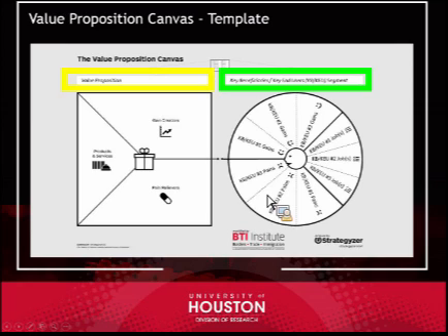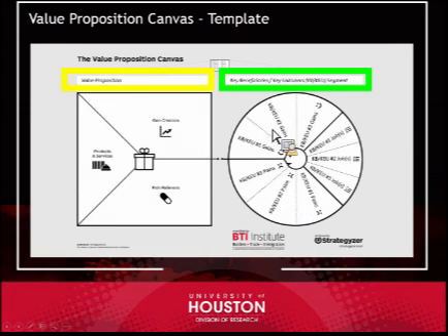And so this is an area that you don't necessarily have control over. This is going and talking to end users and beneficiaries and finding out what are the problems that they have. The left-hand side of it is articulating your product and service and how your product and service, those features, can create gains or relieve pains for those particular end users. Don't get caught up too much. We'll go through examples.